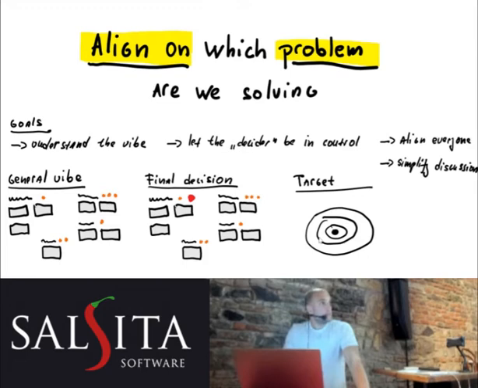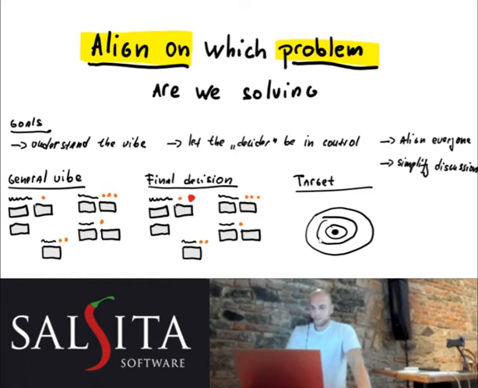Obviously, companies are not really democratic, or the democratic process is not always the best. Still, there is somebody who has the most skin in the game. Basically, if we decide something, that person will bear the consequences. So what Design Sprint suggests is that there should be somebody they call the decider.